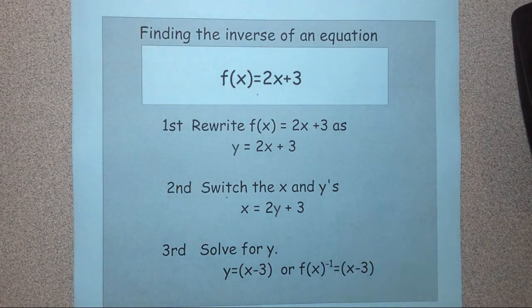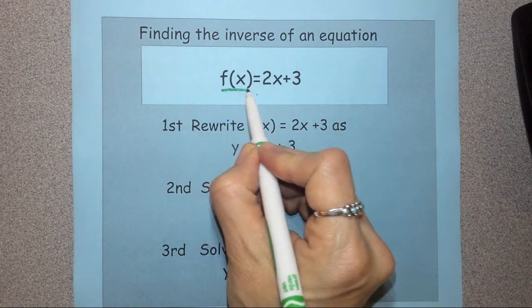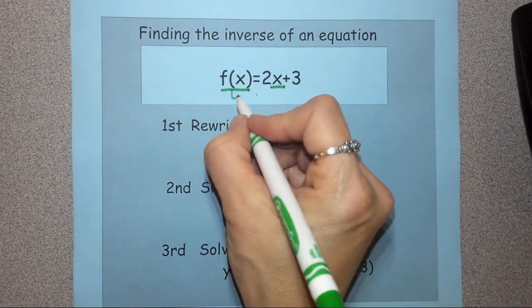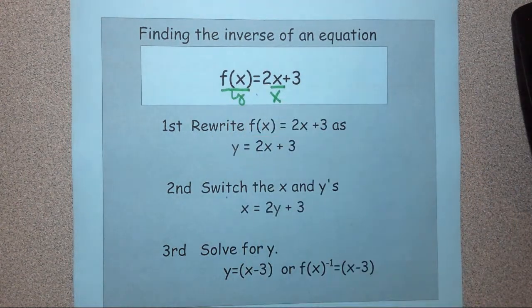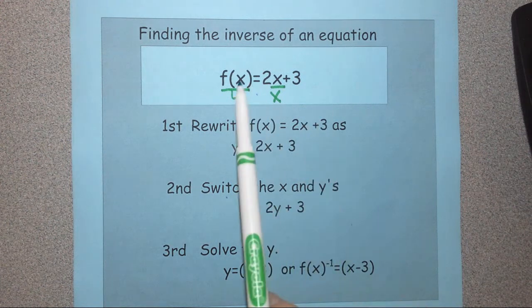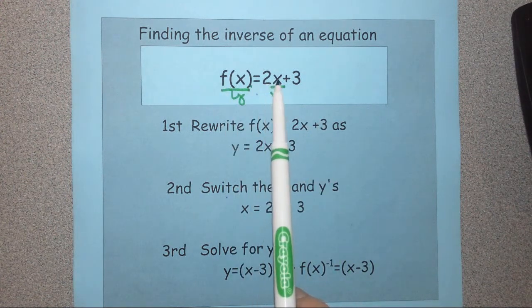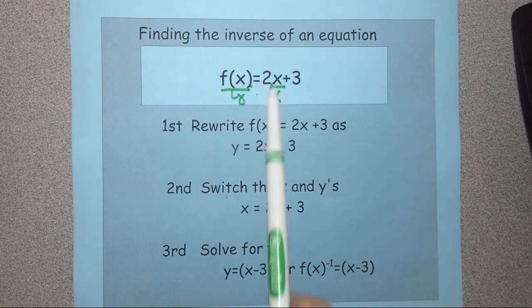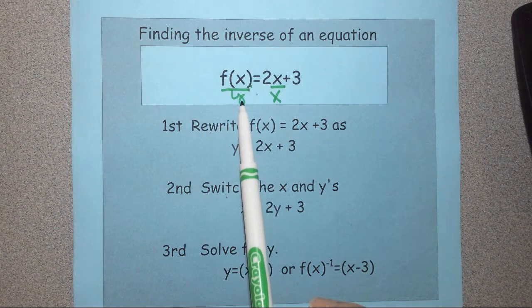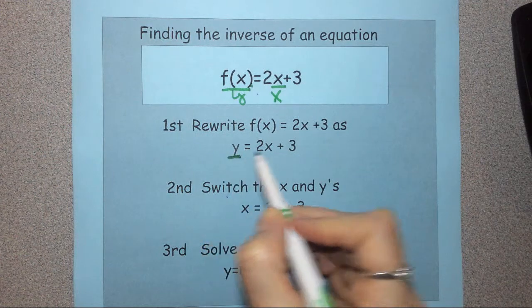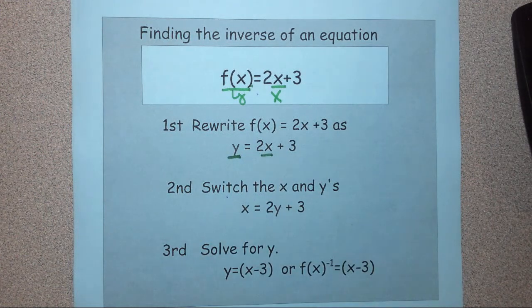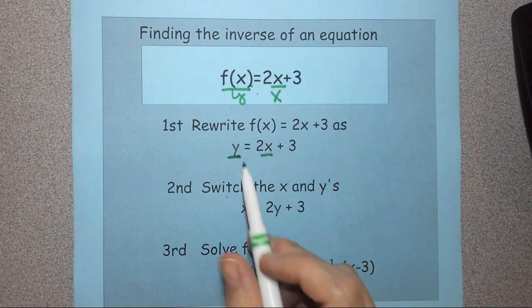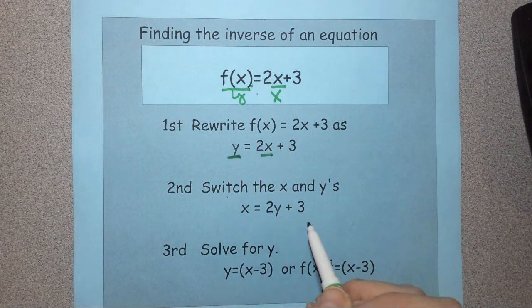Another way to find an inverse, this is the last way we're going to go over today, is to flip the x and the y in the equation and then solve for y. So here's an example. If I had the equation f of x equals 2x plus 3, we know from Algebra 1 that f of x just means y, so I rewrote the equation as y equals 2x plus 3. Then I'm going to switch the x's and y's so that it reads x equals 2y plus 3.